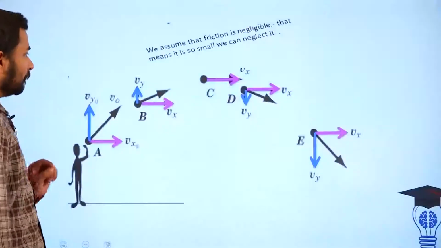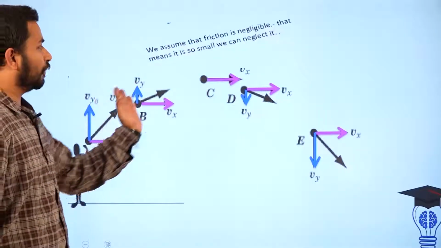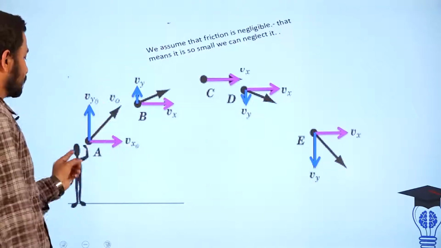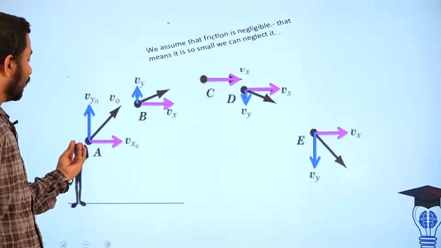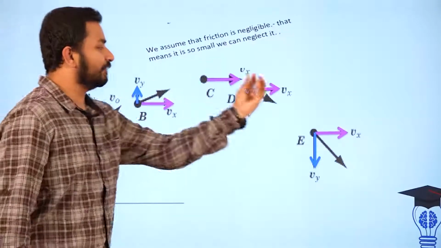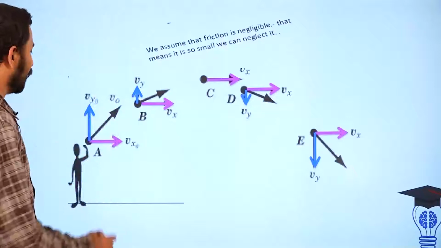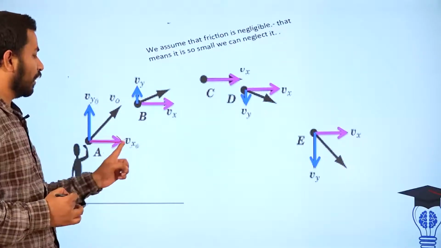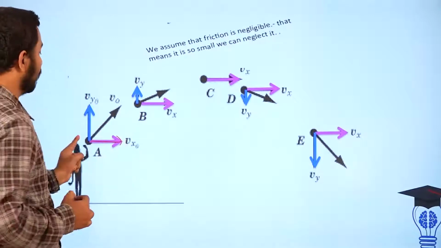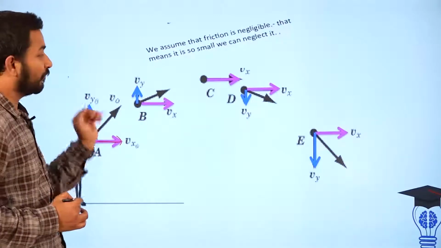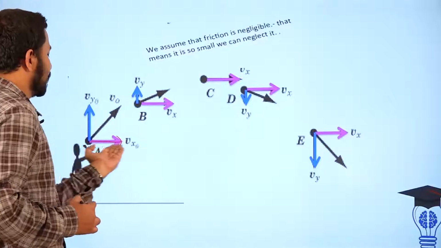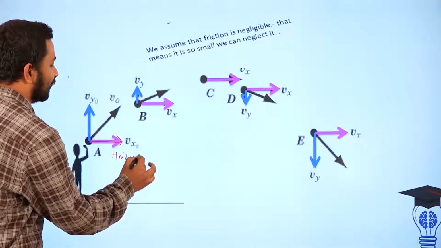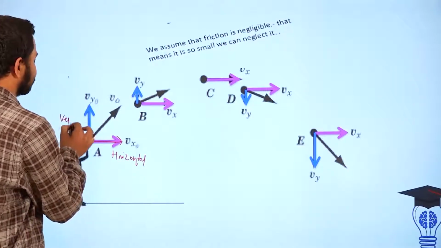If I draw the trajectory, if I take a screenshot at different instants, say I launch the ball from here and I take the screenshot at different positions, in this direction I have the vertical direction of motion, and in this direction I have the horizontal direction of motion, isn't it?